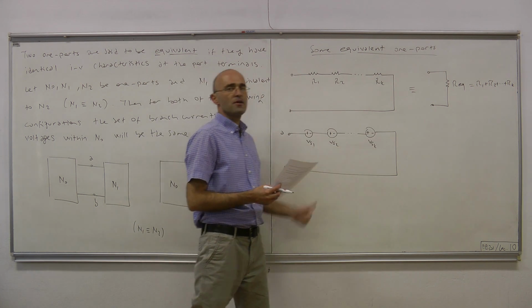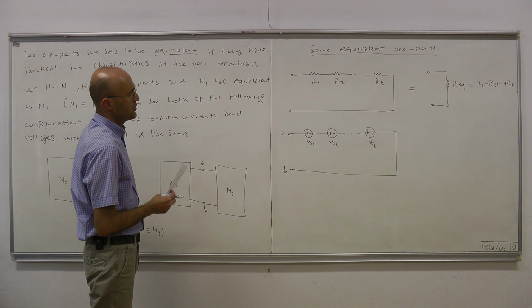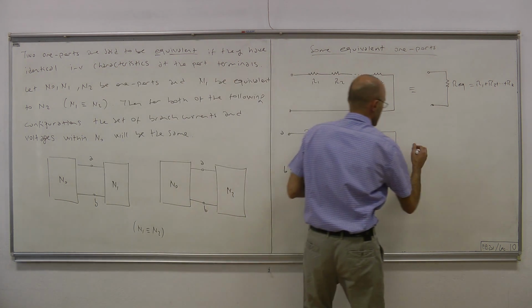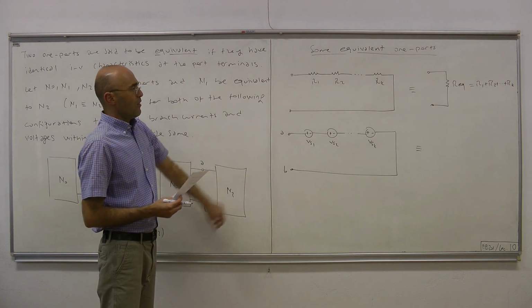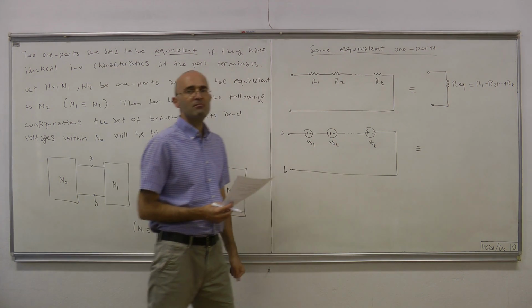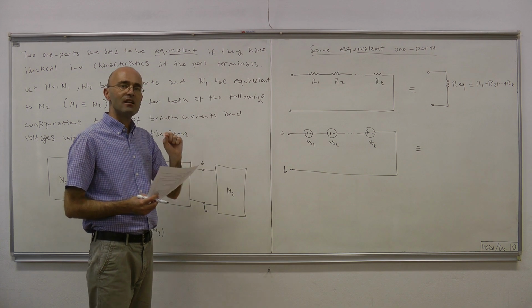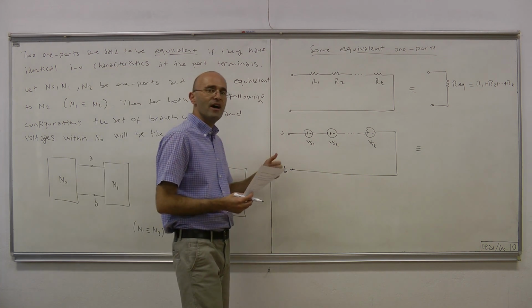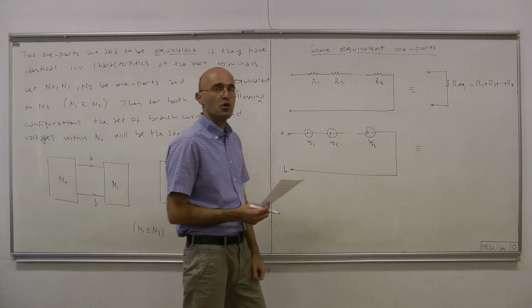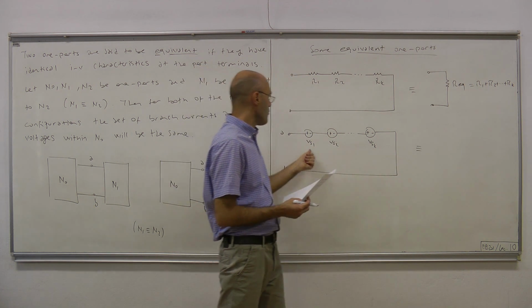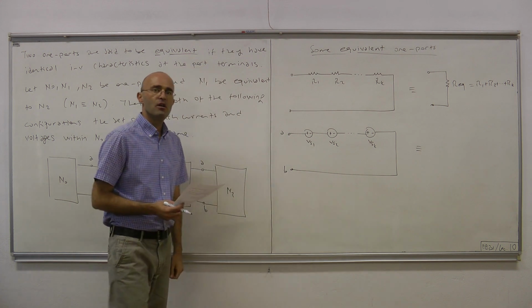And all those sources are connected in this series fashion. And again, it's almost immediate that those K independent sources can be represented by a single independent voltage source, provided that the voltage given by that single voltage source equals the sum of all these individual voltages.